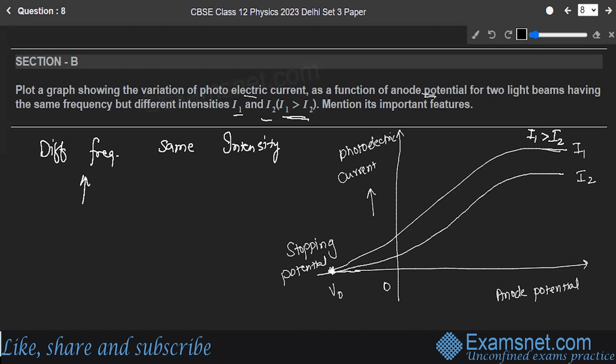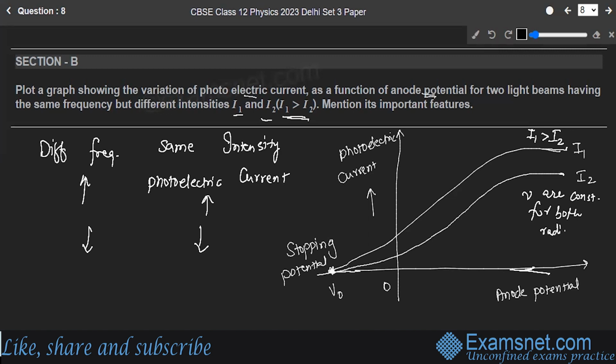But after a specific anode potential, photoelectric current for all the radiations having different frequencies remains constant. So here the currents are constant at this point for both radiations.